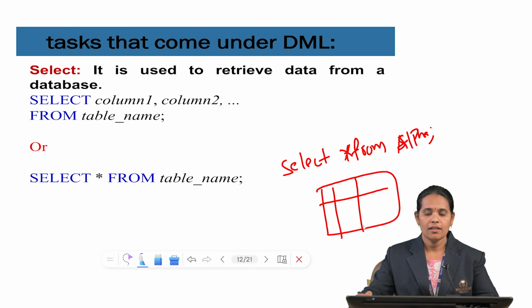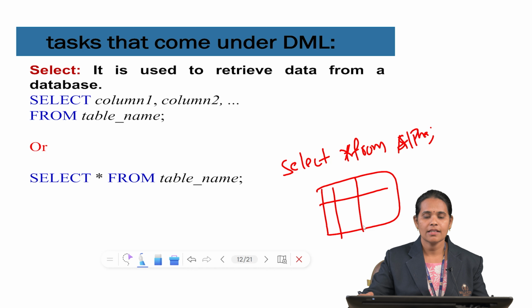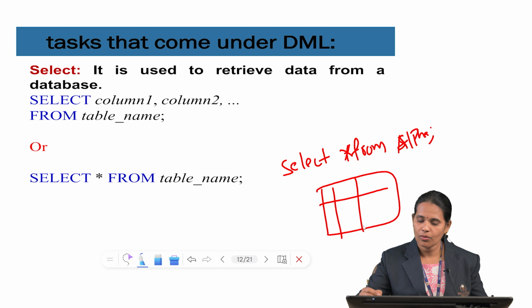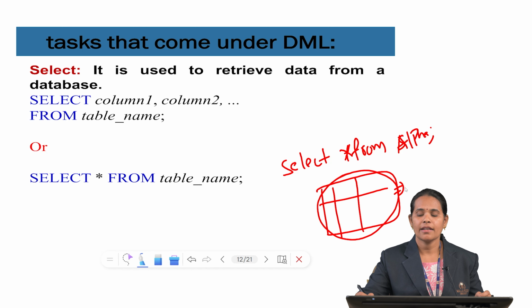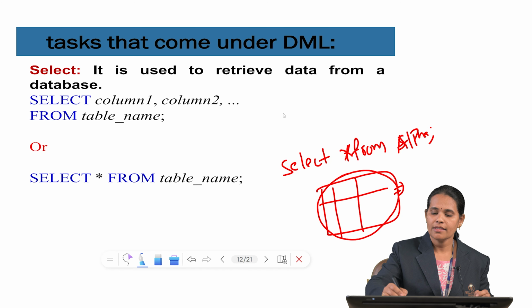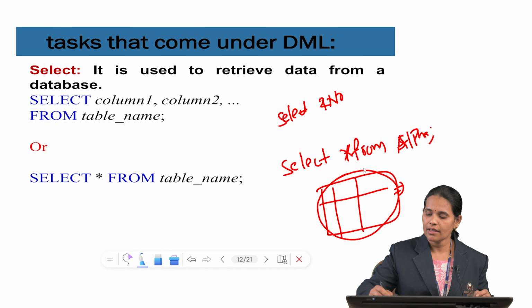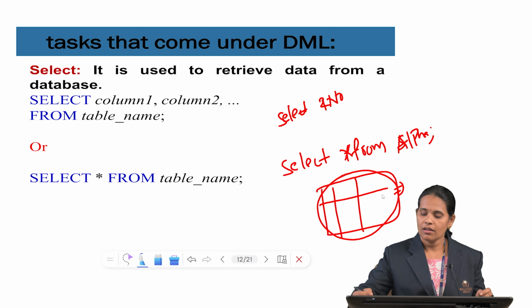The next syntax is if I want to select only particular columns that belong to this table, that can also be done by using the select command. For that, the command is select. We need to mention the column names, roll number. In the table we have 3 columns.